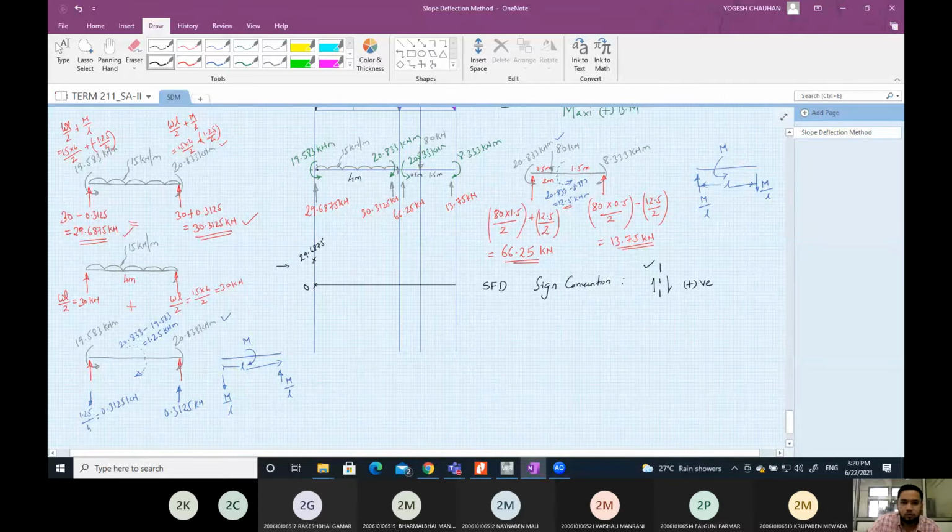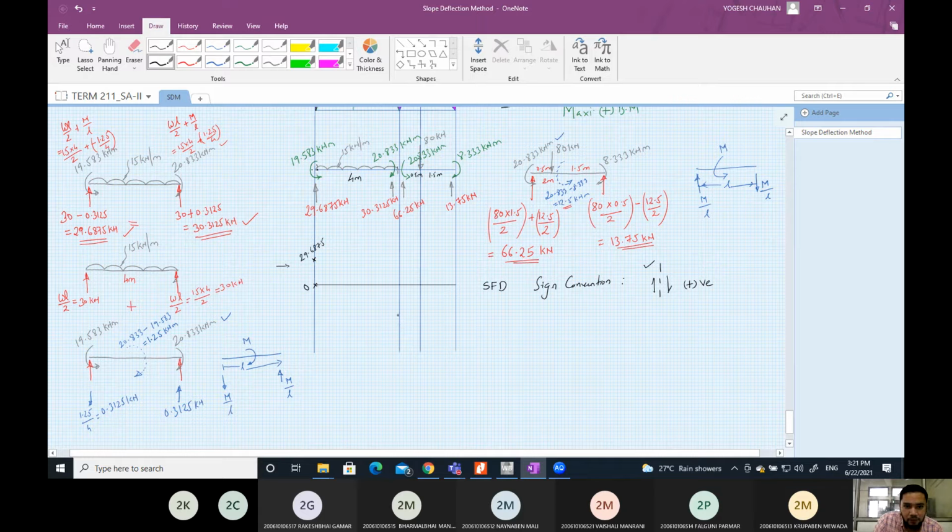So it would be 29.6875 minus this much length, this much load. So 15 into 4 is the total UDL just to the left of this point. So it will be minus 15 into 4. So it is minus 30 point.